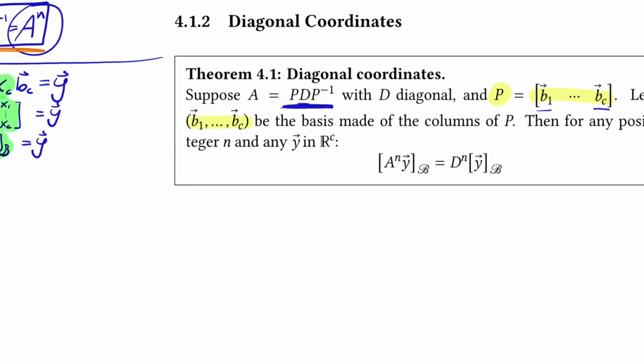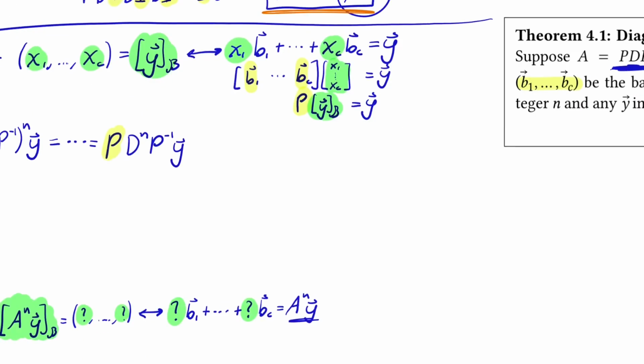Now, we're assuming that P is invertible, so you could just multiply both sides of this by P inverse to cancel it out and move it to the other side. So just like if you want to solve this vector equation, or write it as this matrix equation, to find the B coordinates of y, you can solve it by multiplying by P inverse on both sides. And oh, hey, that is P inverse times y here.